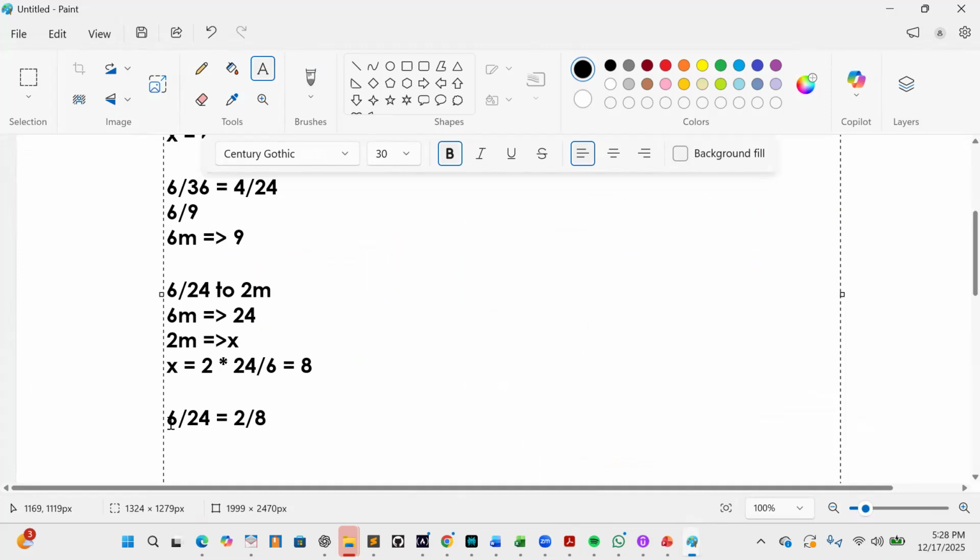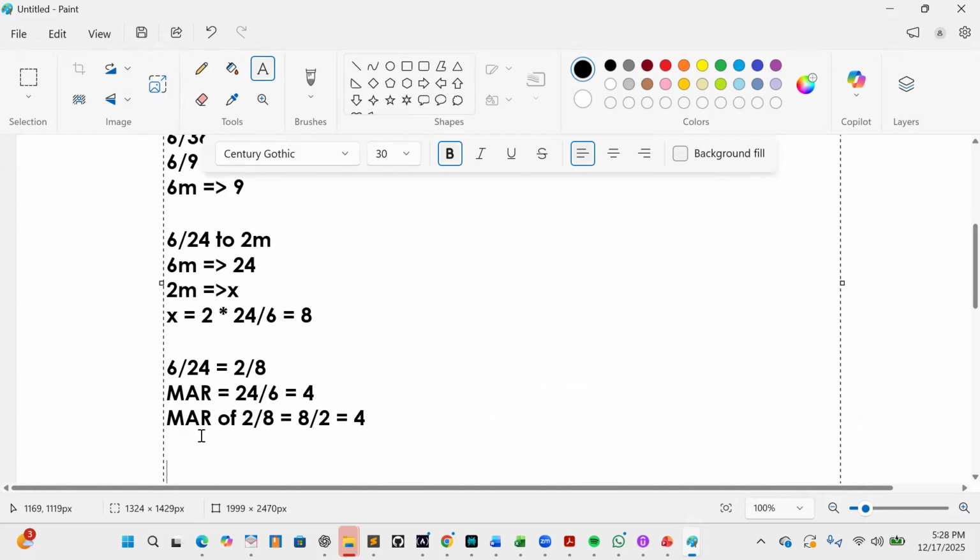Okay, so this one now, the MAR will be 24 over 6, which is 4. Even the MAR, 8 over 2, will be 4. So that shows the MAR should be the same thing, whether it's in 2 meters, 4 meters, or even 1 meter.